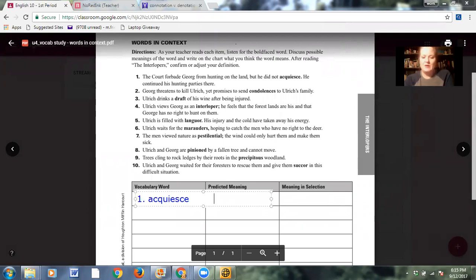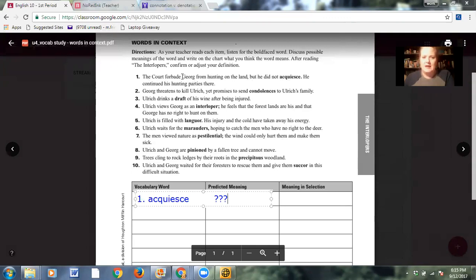And so I'm going to use those context clues and try to figure out what does it mean to acquiesce. Okay? If the court forbade, forbade is the past tense of forbid. So if I forbid somebody to do something, I'm telling them not to do it. Here it says that he did not acquiesce, okay?